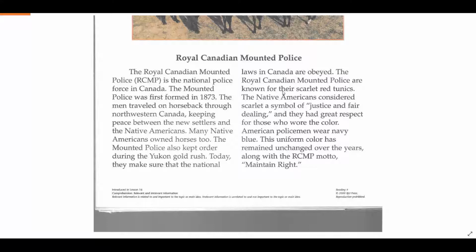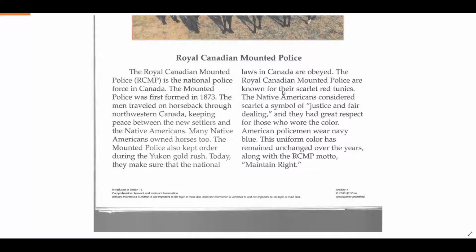The Royal Canadian Mounted Police are known for their scarlet red tunics. The Native Americans considered scarlet a symbol of justice and fair dealing, and they had great respect for those who wore the color. American policemen wear navy blue. This uniform color has remained unchanged over the years, along with the RCMP motto, maintain right.